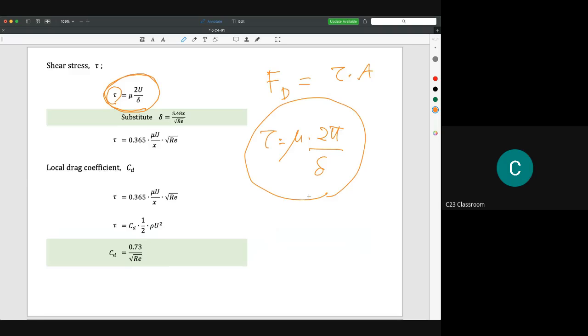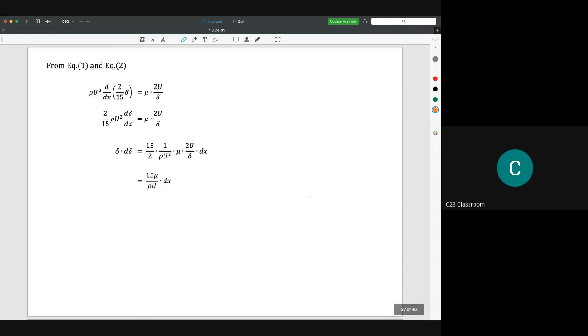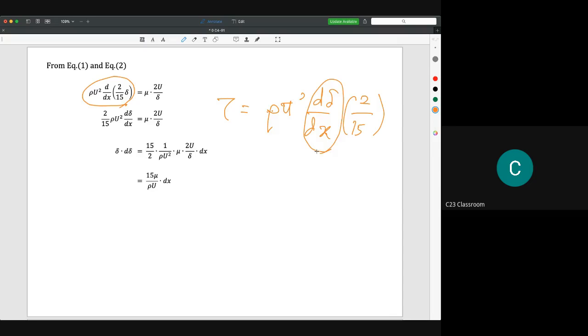But if you want to use von Karman, it's okay, but you need to do some tricks. So this is the von Karman. The shear stress from von Karman is equal to rho U squared d delta over dx times 2 over 15. So the equation is still not complete, because it still has the term d delta dx.